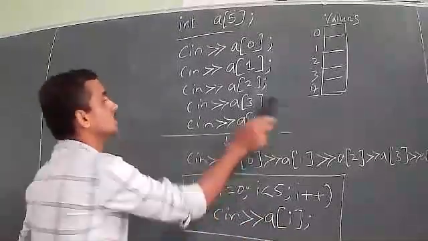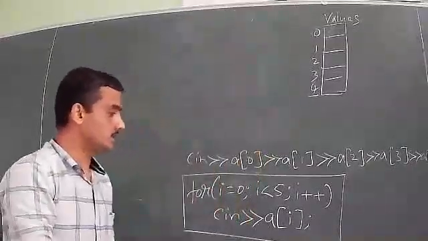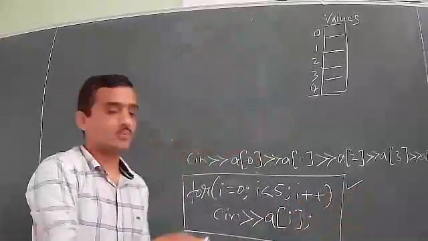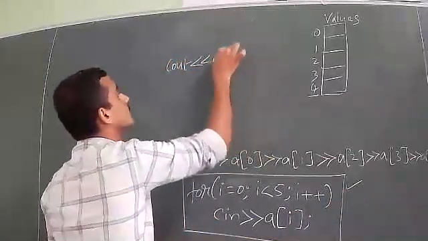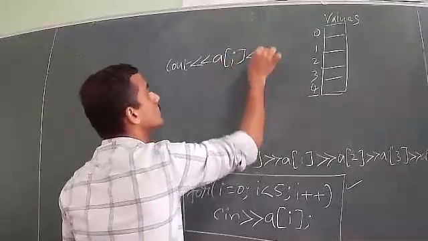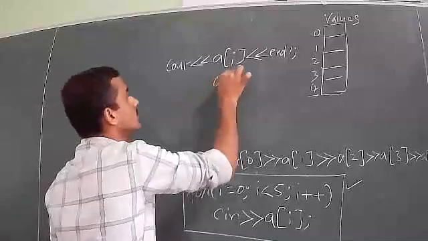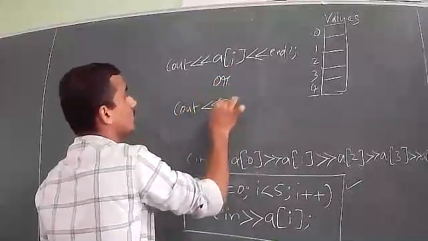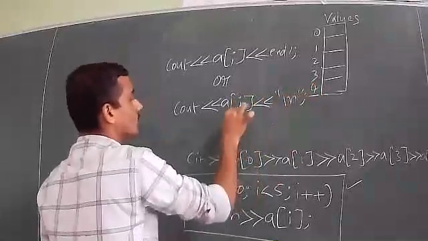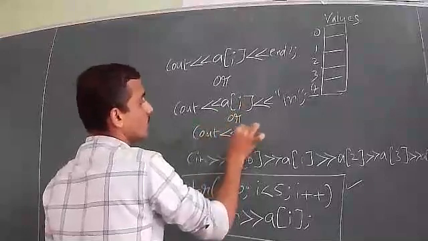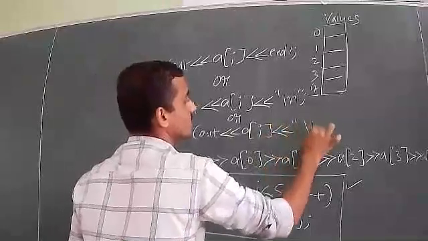And when you are writing cout statement, one thing you have to remember: this code is for input, right? So if you want to change it to output, everything is the same. So if you write cout statement, either you use endl, or cout a of I \n, or cout a of I \t.